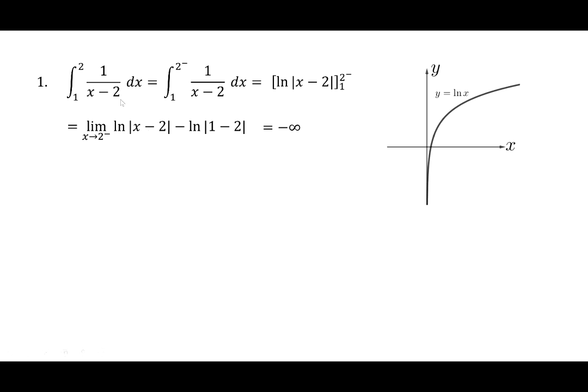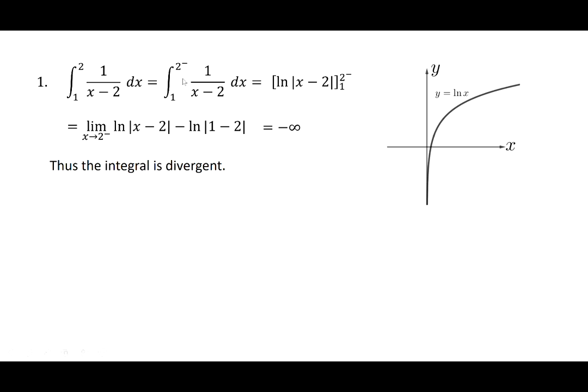Oh, this integral evaluated gave us negative infinity. So we'll say the integral diverges. Okay, the integral is divergent, or the integral diverges. That is the concept. Cool. Let's recap. Since the problem is at the upper limit, we won't let x reach the upper limit.